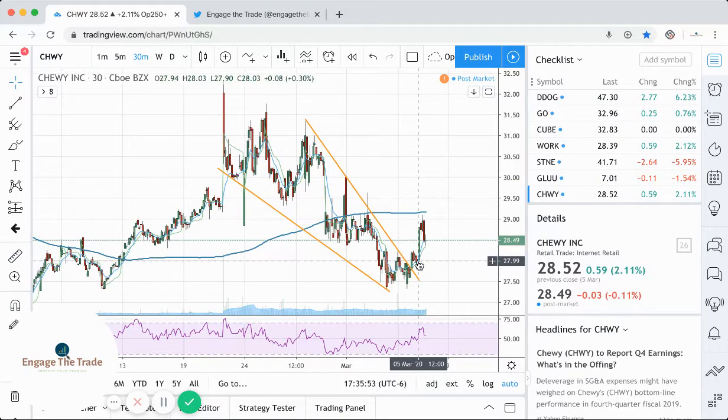Another one, same idea, but this one definitely had a stronger breakout. I would say that this one's harder because the spreads are so wide on the options. It was tough for me because I went to look at them and I think they were like 40 cents. Some of them were bigger, and I was like, I'm not touching that.